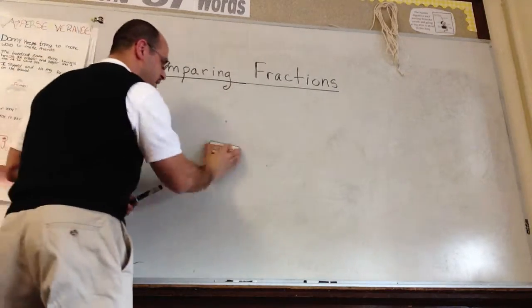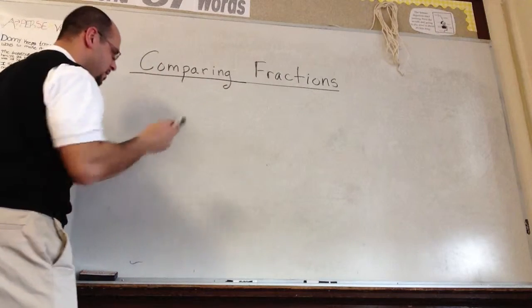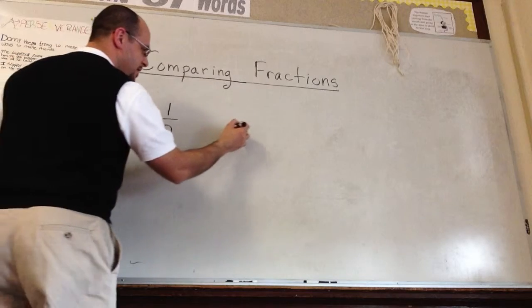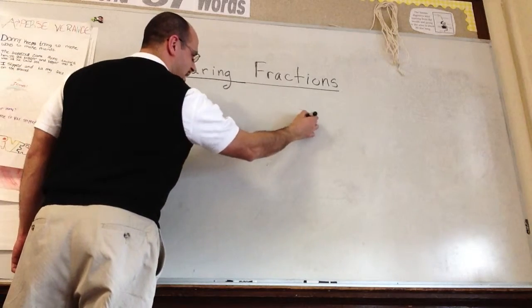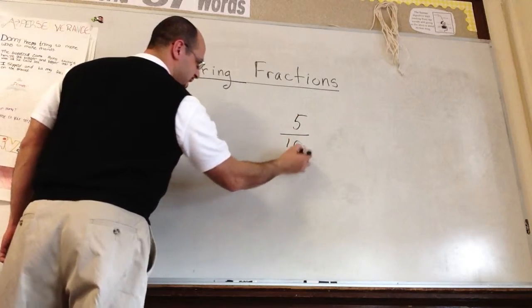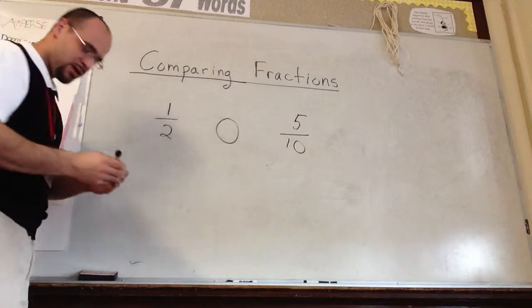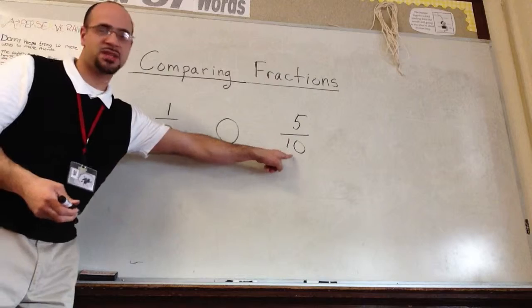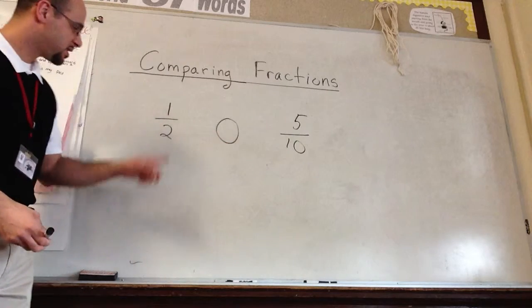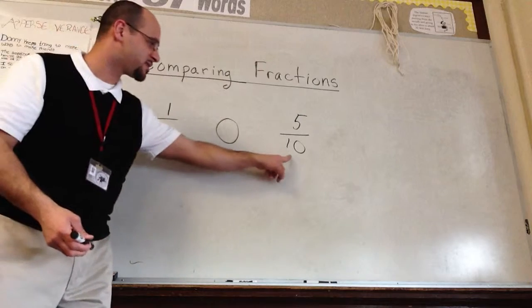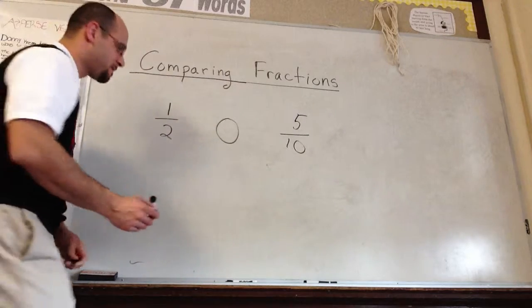Let's change our inequality here. 1/2 and 5/10. So, here, you're not going to have to change this fraction because 2 is a factor of 2 and 2 is also a factor of 10. So you don't have to change it.